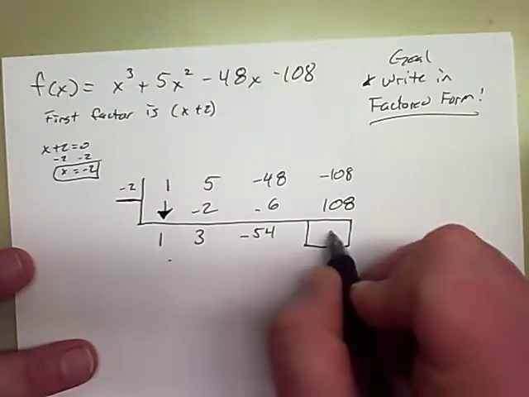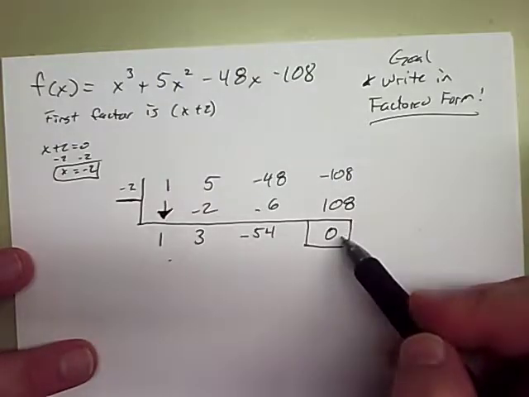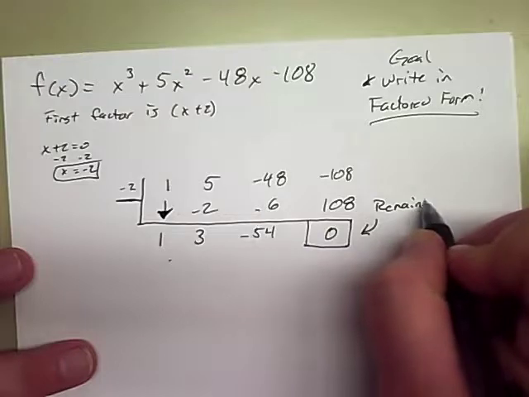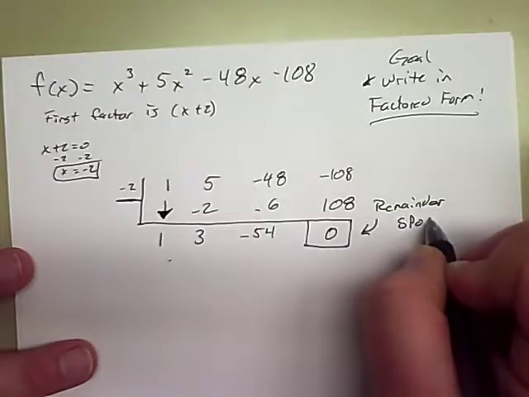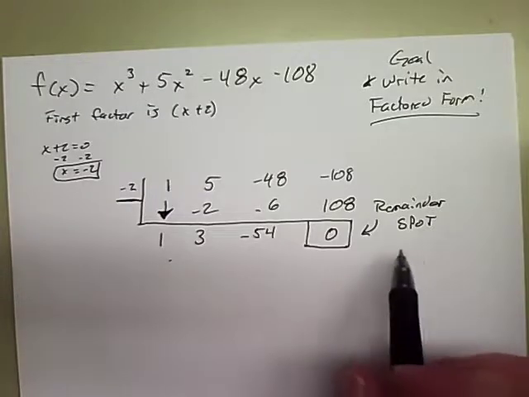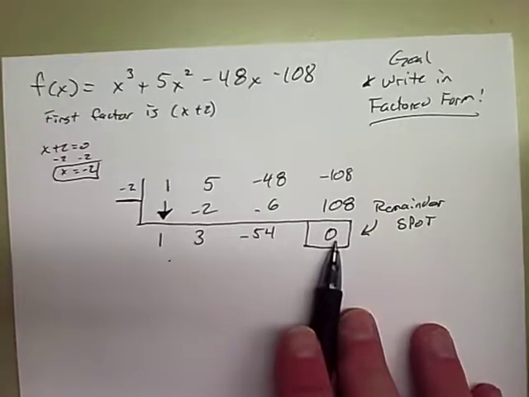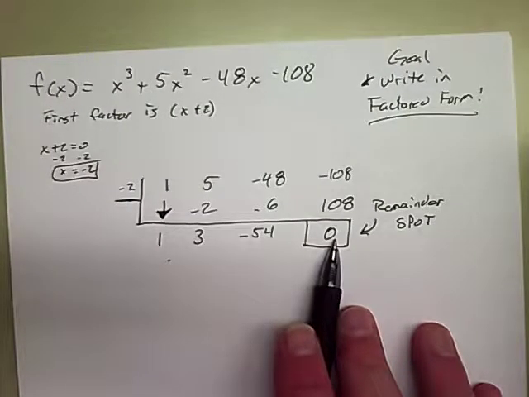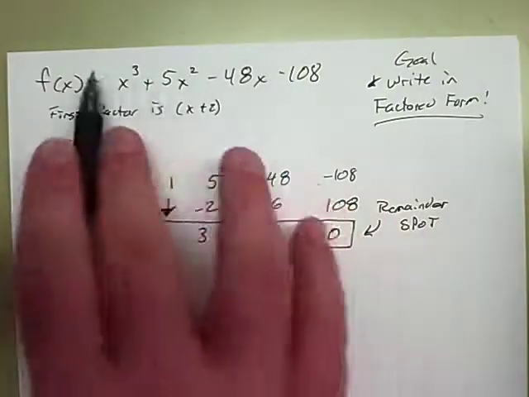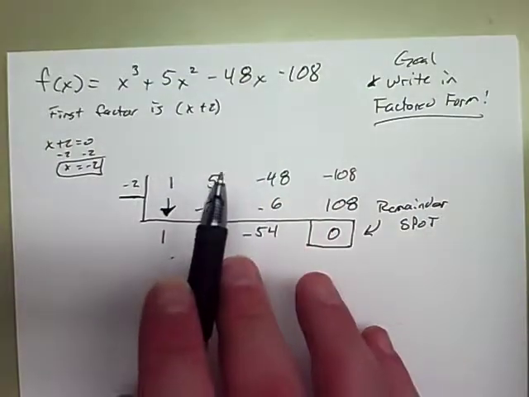And this, add down, will be my remainder. So this is my remainder spot. Now in the remainder spot, if it is not 0, so if it's any number other than 0, then this would not be a factor of the original function.